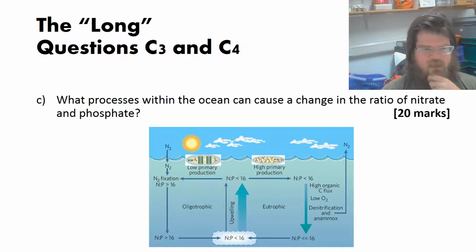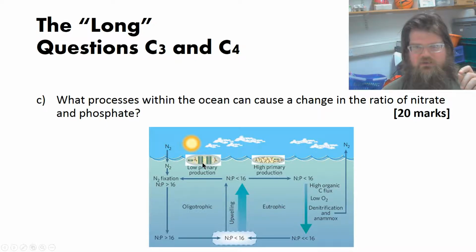As well as these additional processes, which are also noted on this diagram here. So we can have nitrogen fixation, as well as the effect of specialist plankton in these low nutrient areas. We can also have other plankton that come along and go, I'm going to fix nitrogen.